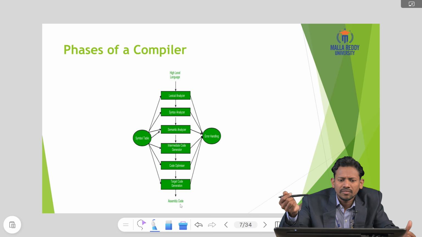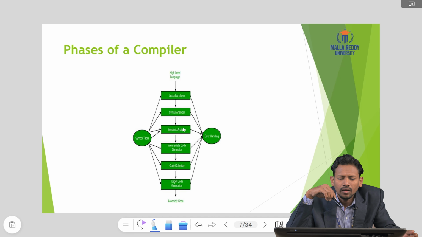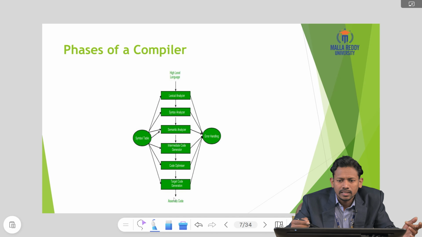We call them the phases of the compiler. There are 6 phases: lexical analysis, syntax analysis, semantic analysis, intermediate code generation, code optimization, and the code generation phase. After code generation, assembly language code will be generated. As discussed earlier, assembly language code is passed through the assemblers.